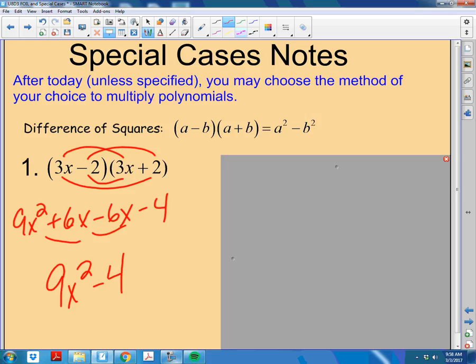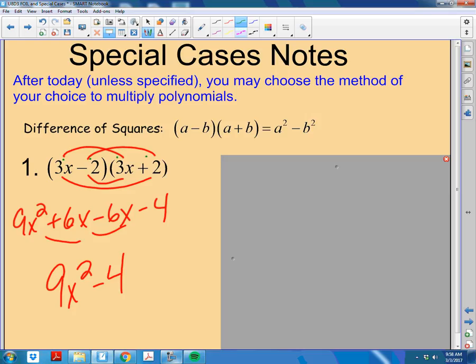Now, let me show you how you recognize difference of squares. This is what this is called. If you have the same term in each binomial, one is addition and one is subtraction. So you have the exact same terms, 3x and 2, in your binomial.